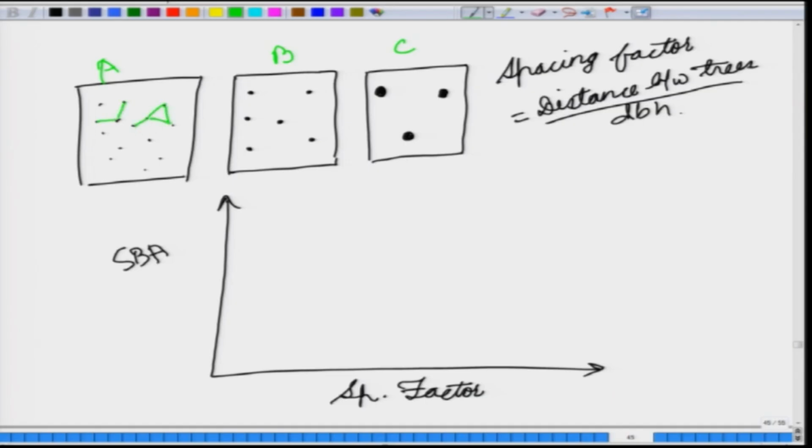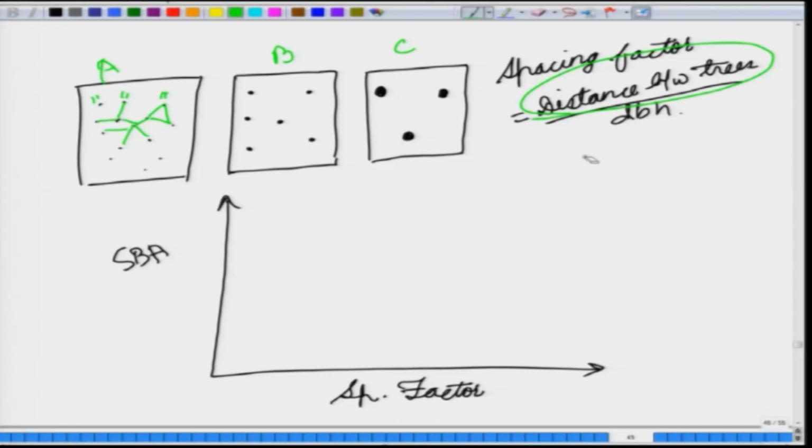So, you figure out the distances between various trees, find the average distance between the trees, and you divide that. Next you figure out the DBH. You have D1, D2, D3 of all these different trees, and you find the average DBH, which is the sum of the DBH of the different trees divided by the number of trees. So, you get this value.